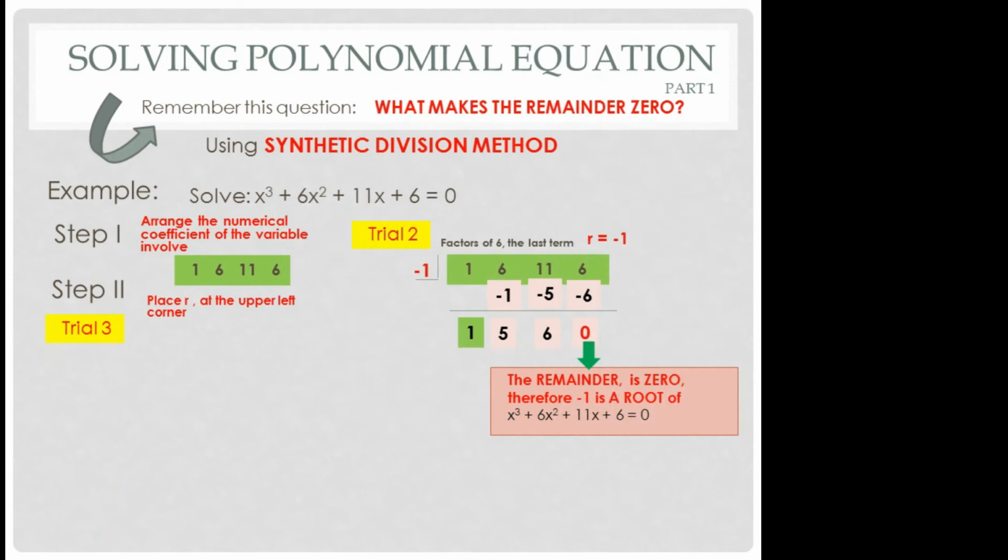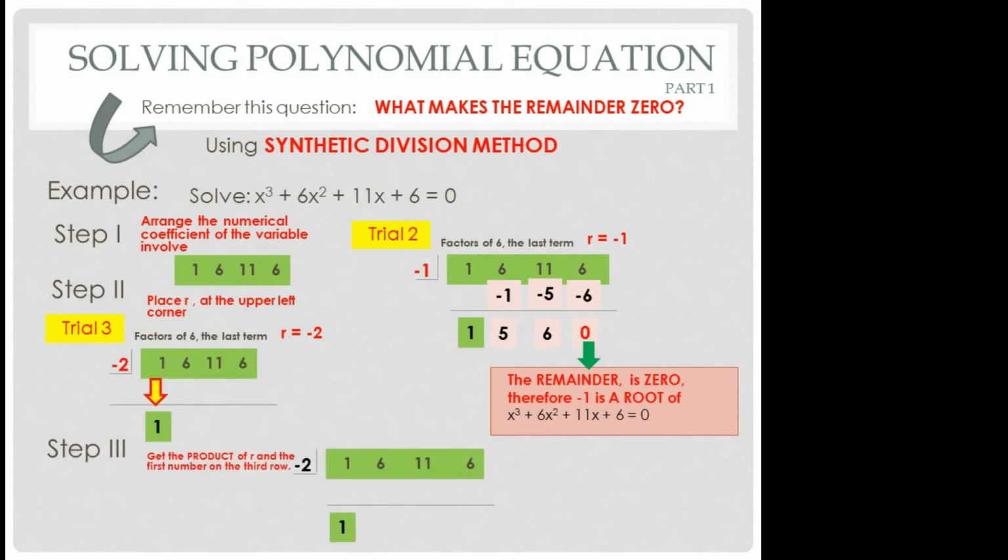For trial number 3, we will find another factor of 6, which is negative 2 this time, to be the value of our r. So our r is negative 2. Get the product of r, negative 2, and 1, will give us negative 2. Combine 6 and negative 2, we have positive 4.